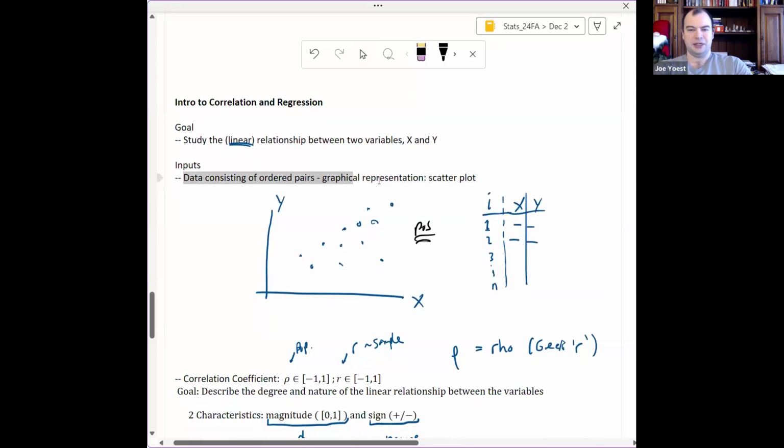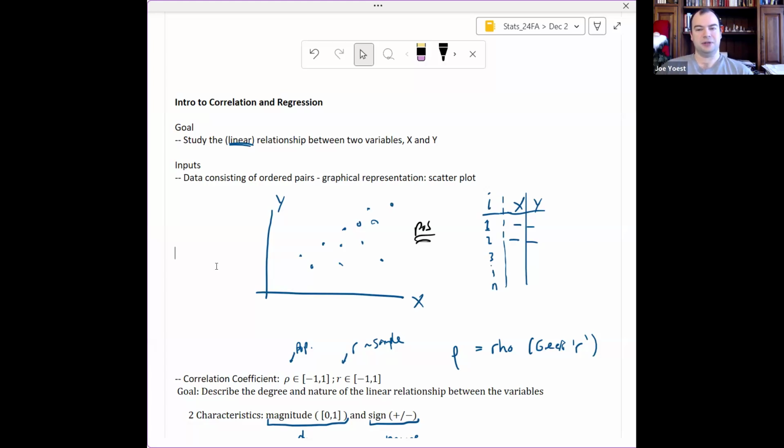And as we mentioned last time, our data consist of ordered pairs that have a natural ordering to them, a natural combination. So the classic example is measuring height and weight for person one, person two's height and weight, person three's height and weight. Those are naturally associated because person one has this height and also has this weight.